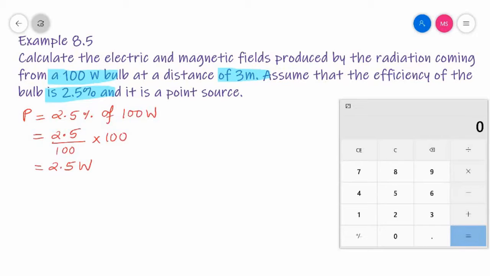Now also it is given that the bulb is a point source.